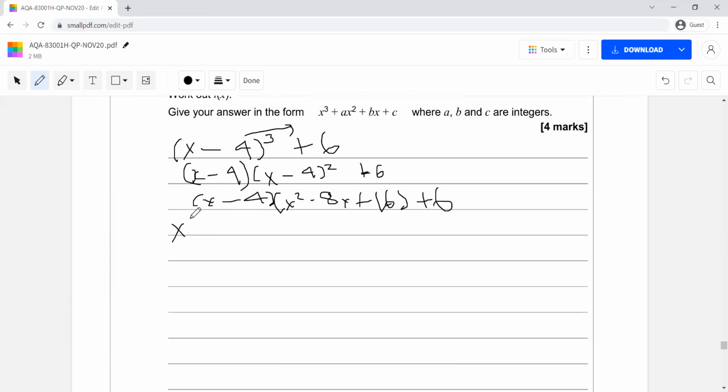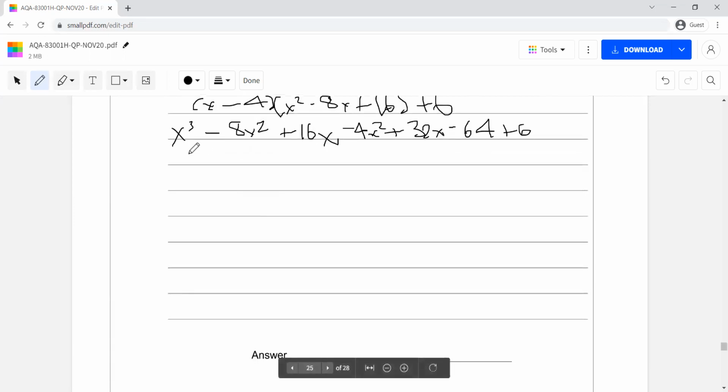So you have an x cubed, and then the minus 8x squared, and then a plus 16x. I'll also have a minus 4x squared, a plus 32x, and a minus 64, and then again a plus 6.